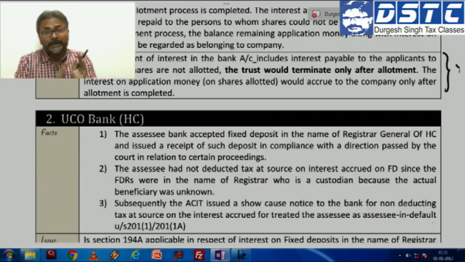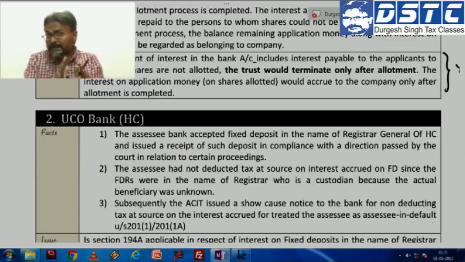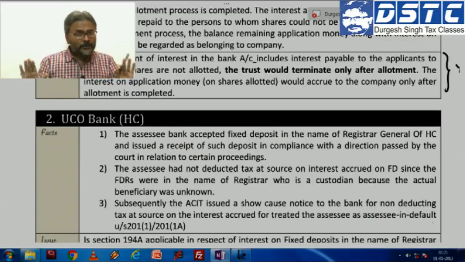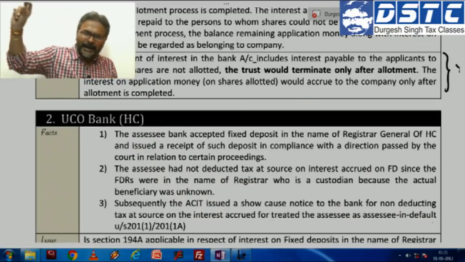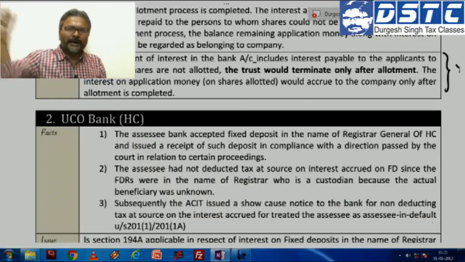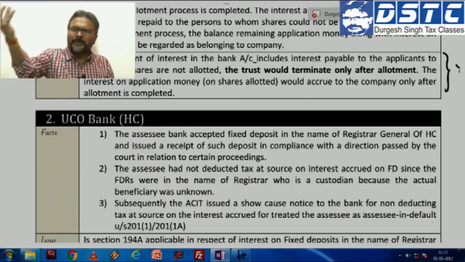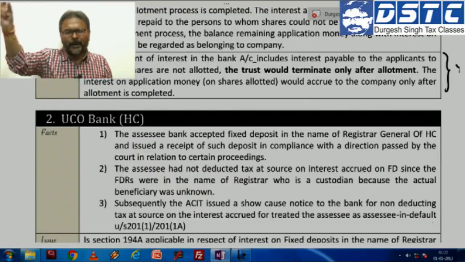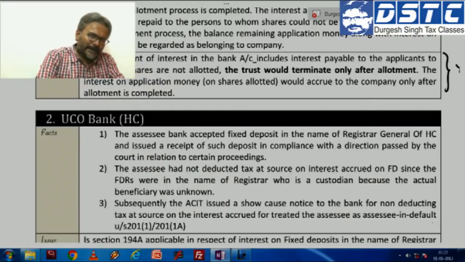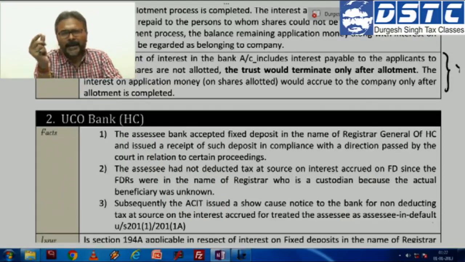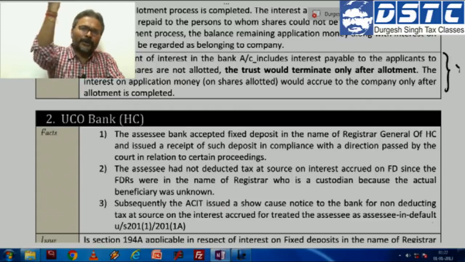The case was pending before the High Court. Now what happened was, in the name of the Registrar General of the High Court the amount was deposited, and because the amount was deposited in the bank, interest accrued.